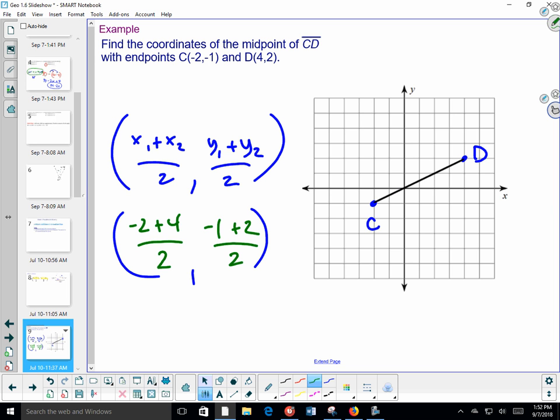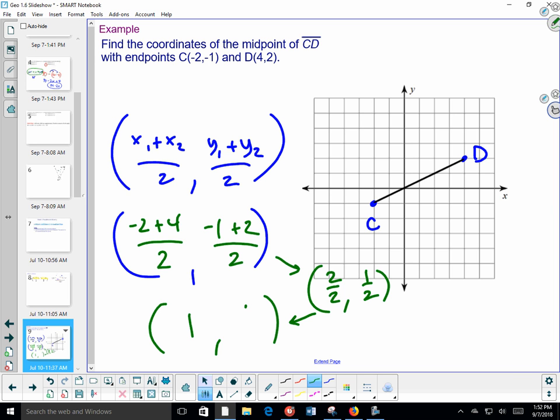All right, and so at this point we're simplifying. What is our midpoint, Audrey? 1 and... because this is 2 over 2, so you're saying that's going to be 1. Yeah. And 1/2?